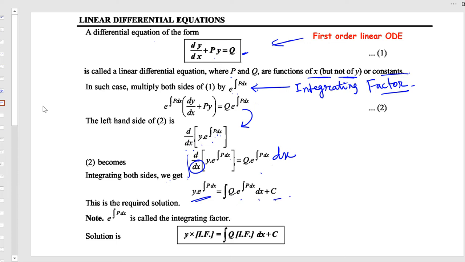And e to the power integration p dx is called the integrating factor.